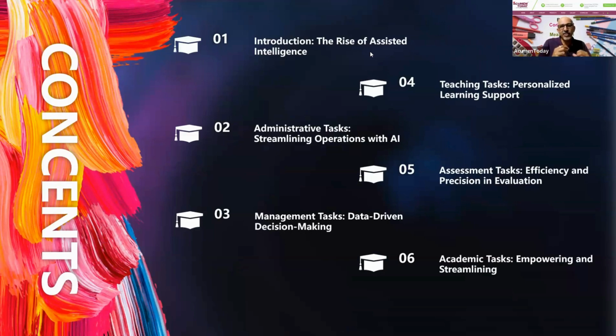And then we will talk about assessments and evaluation, and the effect of streamlining not just the processes, the lesson plan, the timetable, but also the assessments and evaluation. That is what we're going to cover.